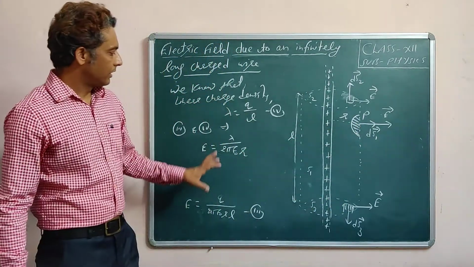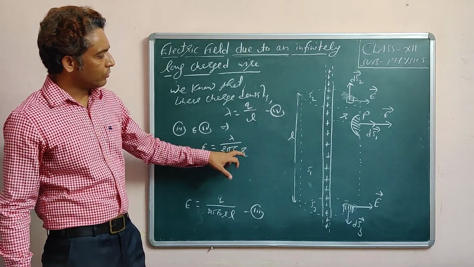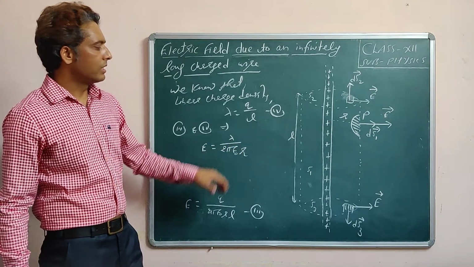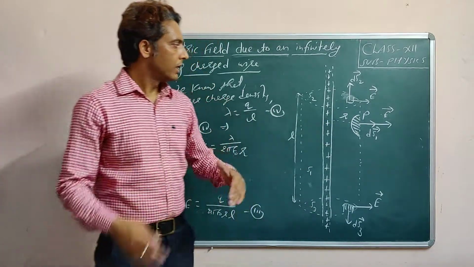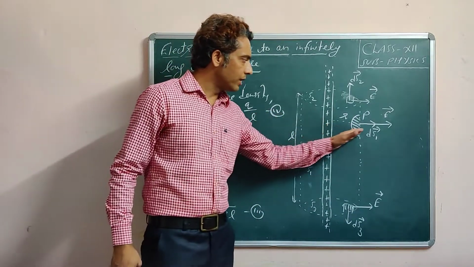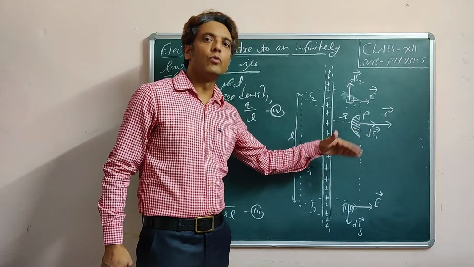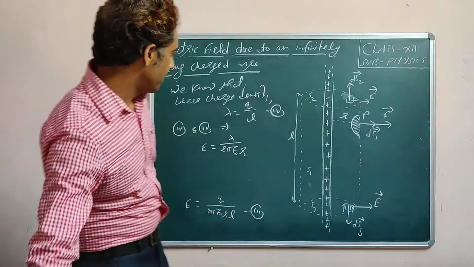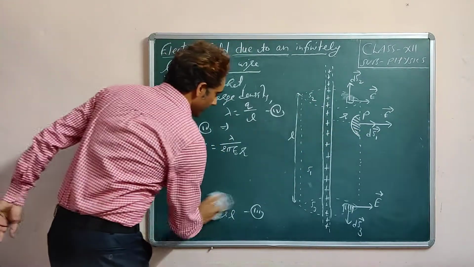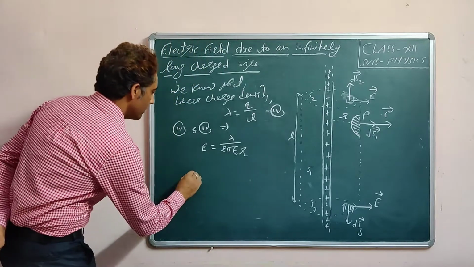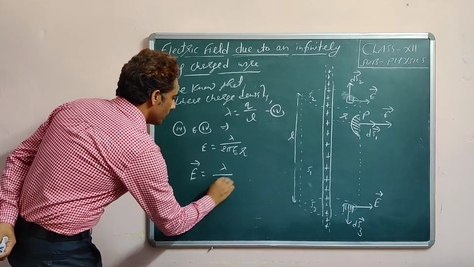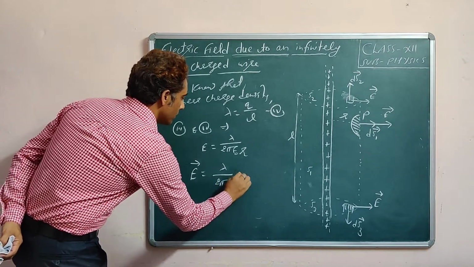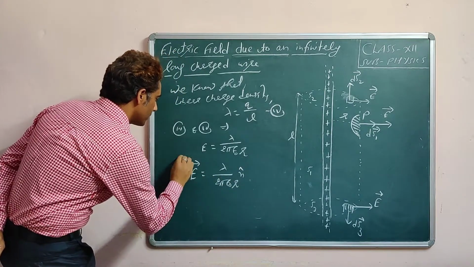So you can see the electric field intensity is inversely proportional to the distance of the point where we are calculating electric field. Means as we move away from this wire, the electric field intensity goes on decreasing. So if we write it in vector form, then E is equal to lambda over 2 pi epsilon naught R, times some unit vector.